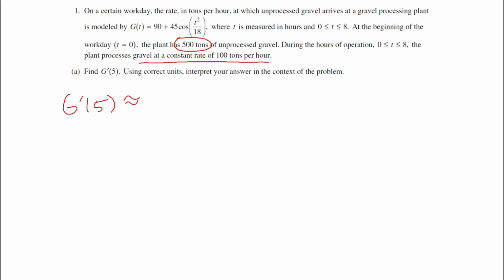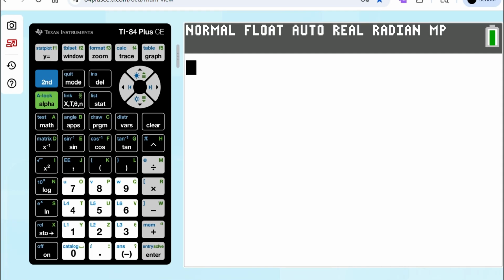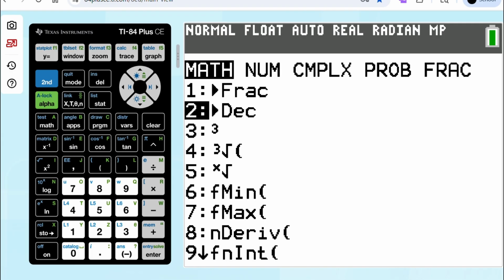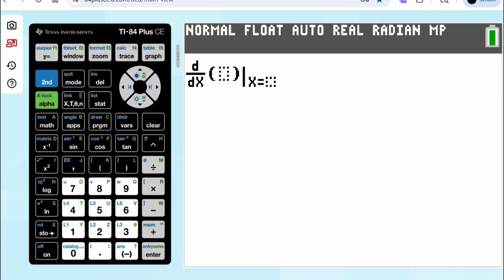So we'll just go in and go to our graphing calculator, and we'll just do math, and option number 8 will take the derivative for us in deriv. You can also just hit the 8 instead of scrolling down. We'll do a derivative with respect to x, because that's what we have to do on our calculator. We'll put in 90 plus 45 times the cosine of t squared, so we'll do x squared over 18.